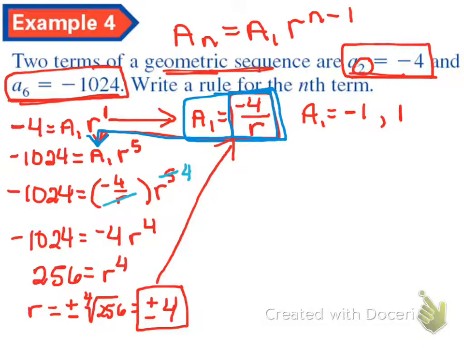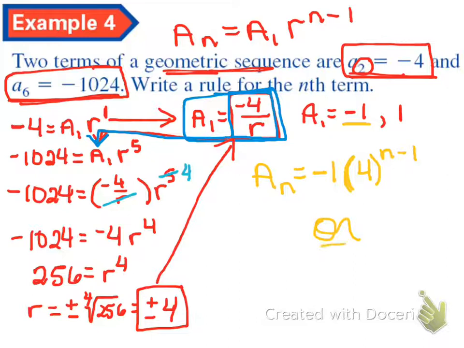Alright, so the rule for any term, remember, is equal to the first term. Well, one possible first term was negative 1, times the rate. Now, we got a negative 1 when the rate was a positive 4, raised to the power of n minus 1. This would be one rule.